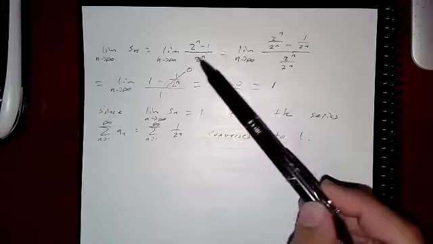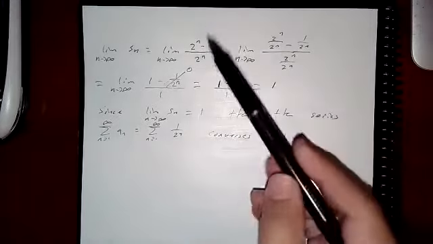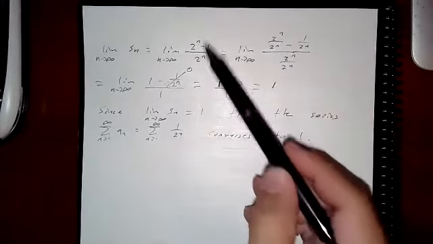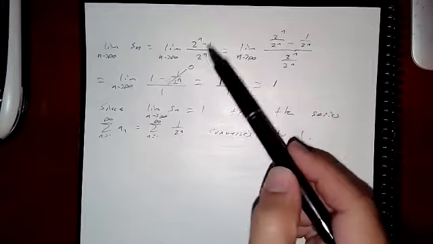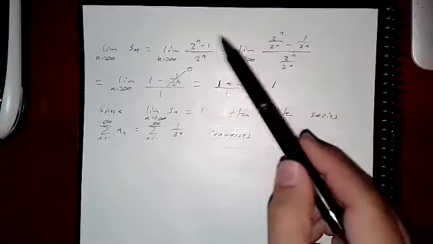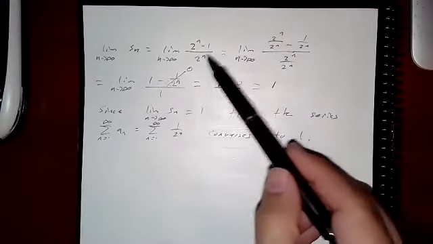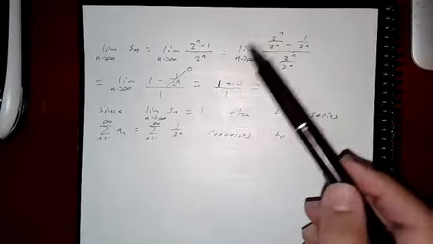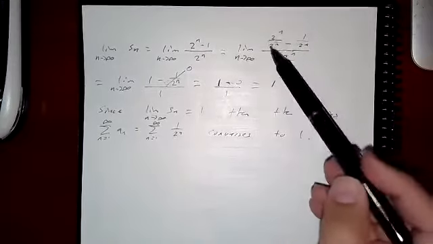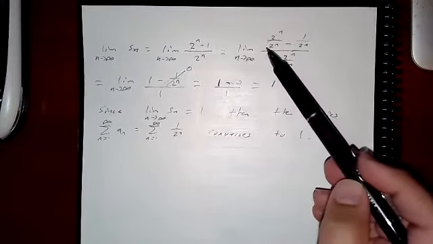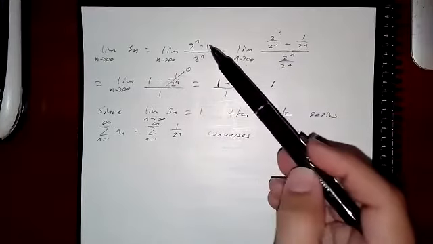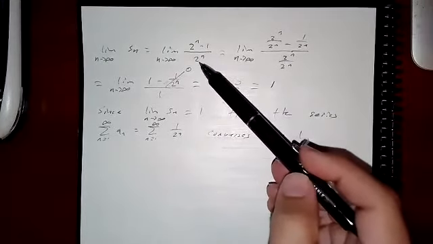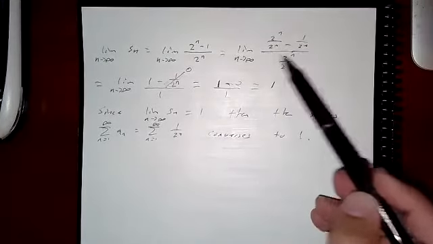So the idea when we're taking limits, when the degrees of top and bottom are the same, you can divide every term by that value or that power. But since this is more of a power function, you can still do it. It's just a little bit different. So you divide the first one by 2^n, the next one by 2^n, and then the bottom by 2^n, which gets us to here.